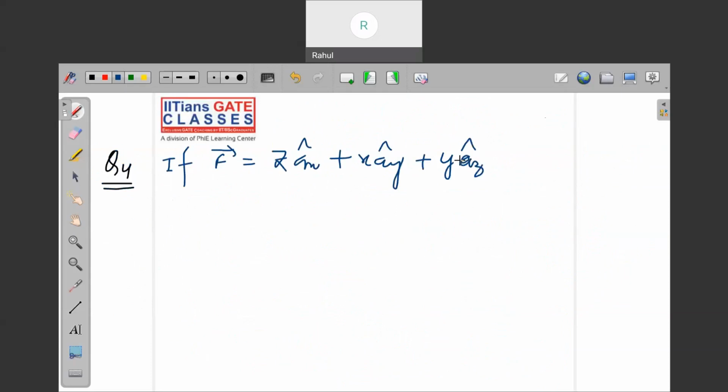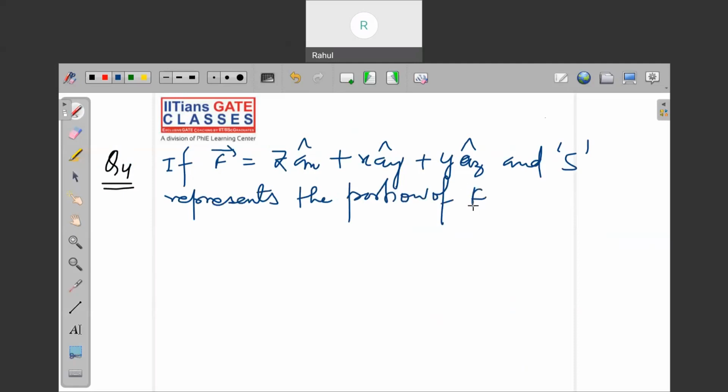And S represents the portion of the sphere x square plus y square plus z square equal to 1, for z greater than or equal to 0.